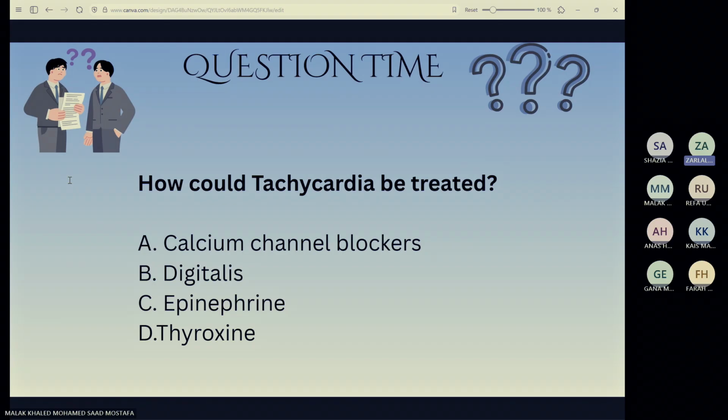Tachycardia is a very fast heart rate, a heart rate of more than 100 beats per minute. Digitalis will increase contractility, remember? And thyroxine will also do the same thing, and epinephrine too. So they will just increase the strength of the contraction. The calcium channel blockers can reduce the heart rate. So let's go to the next slide.